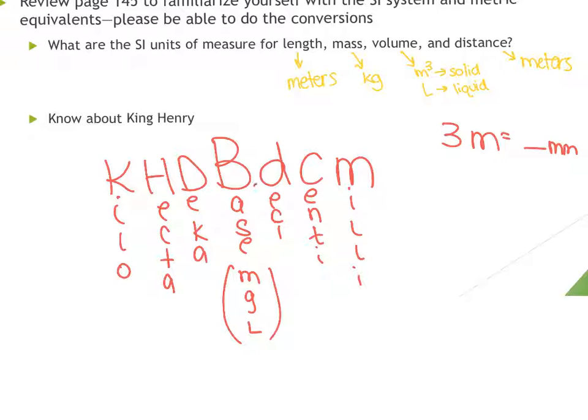So meters is my base. I'm going to put my decimal right there. I'm going to go to the milli. So I go 1, 2, 3. I move my decimal 3 places. I'm going to do the same thing here. 1, 2, 3. And then I just fill it in with zeros. So 3 meters is 3,000 millimeters. Basic metric conversions.